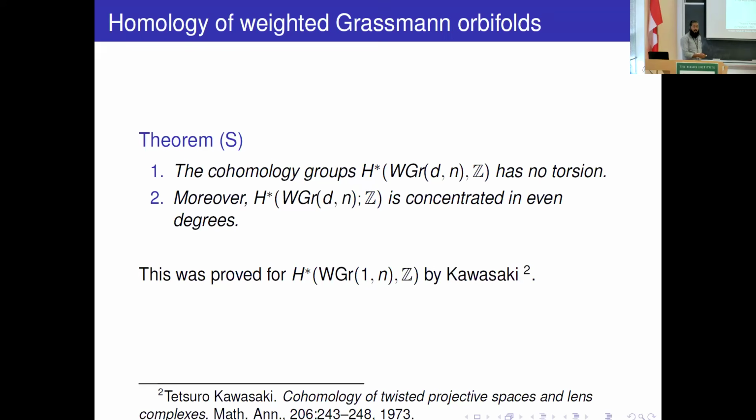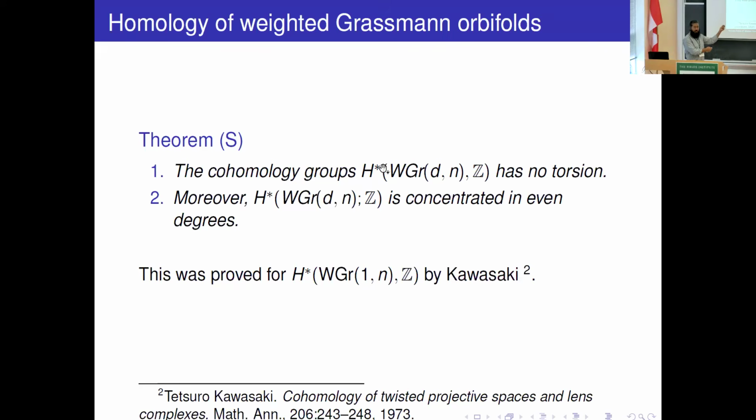Yes, additively it is the same as the Grassmann manifold. So my question was, is the cohomology of the weighted Grassmannian additively the same as the usual Grassmannian? By additive, I feel like you mean we establish something, right?